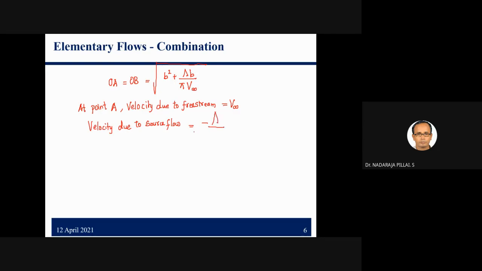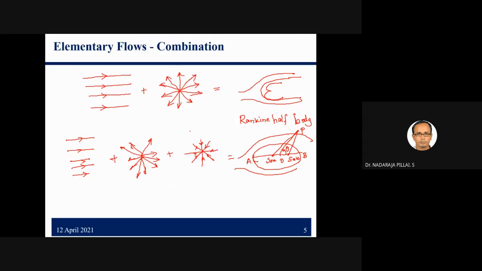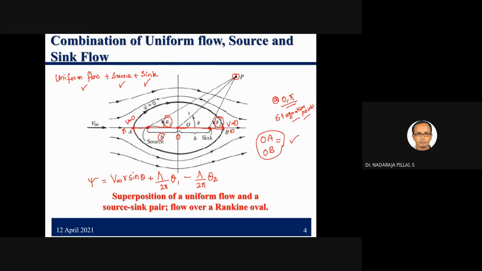We know what r is and we know what b is. So let us consider r minus b, because this distance is r and you have a source flow here, and I have taken the velocity from the source.